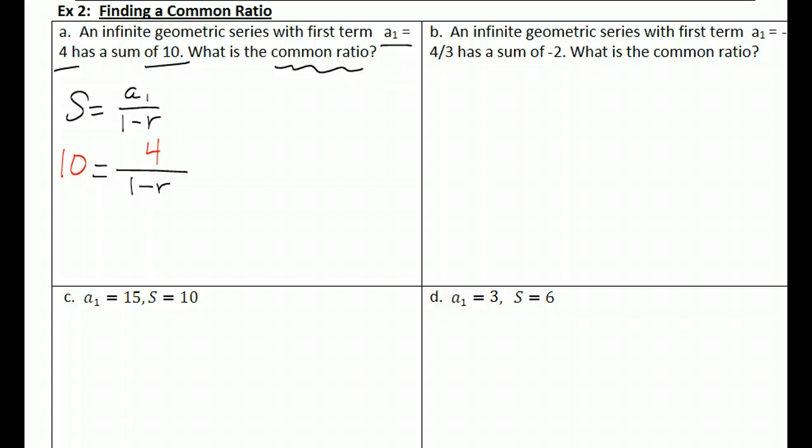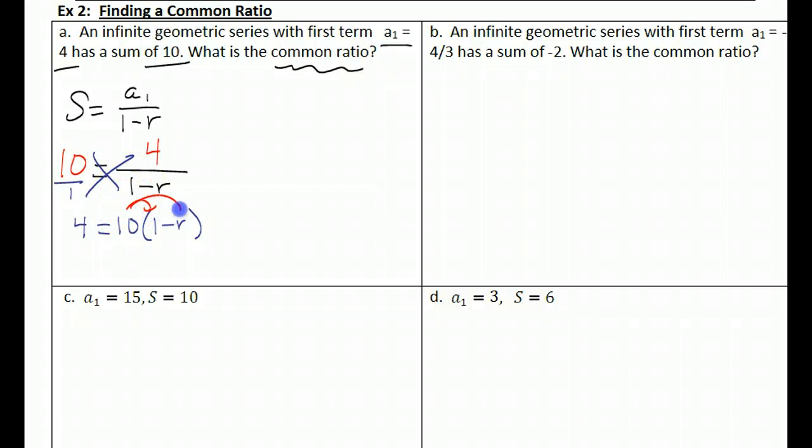A note for you: whenever I have a variable on the bottom of the fraction, it's recommended that you make the other side a fraction as well, and then I can cross multiply. 10 in fraction form would be 10 over 1. Cross multiplying means I do 1 times 4, so 4, equal to the other cross, 10 times 1 minus R. Now this is actually a very easy formula to solve.